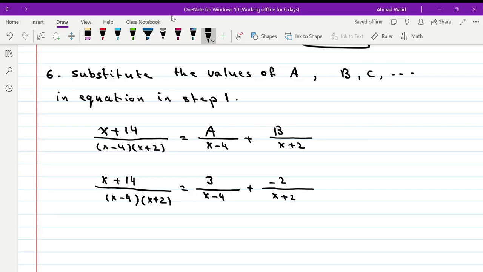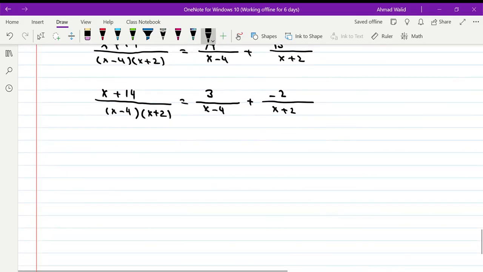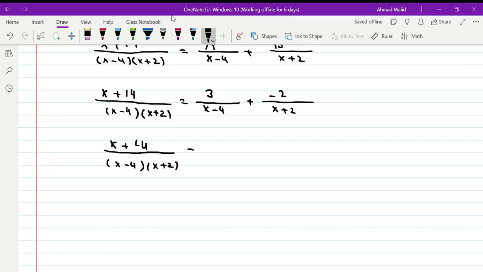If you want to write it in a nice way, this is still the answer, but you can write it this way: x plus 14 over x minus 4 times x plus 2 equals 3 over x minus 4 minus 2 over x plus 2.